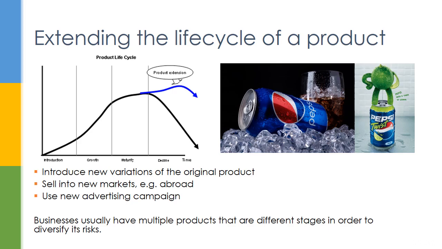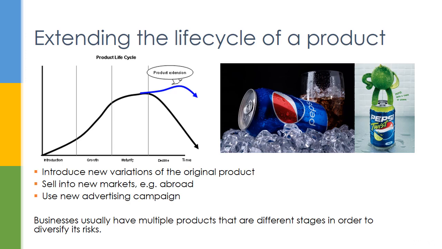You could also sell to new markets. So say for example, your product has started to decline in the US. You have fast food declining in the US because of health awareness. You have a lot of consumers trying to eat healthily.